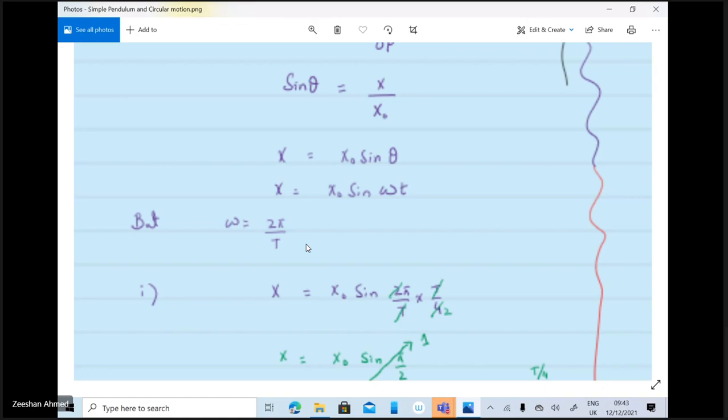And I told you the relationship between theta and angular velocity. It is theta equals omega t. When you replace your theta with omega t, your displacement is no more linear, it becomes angular.